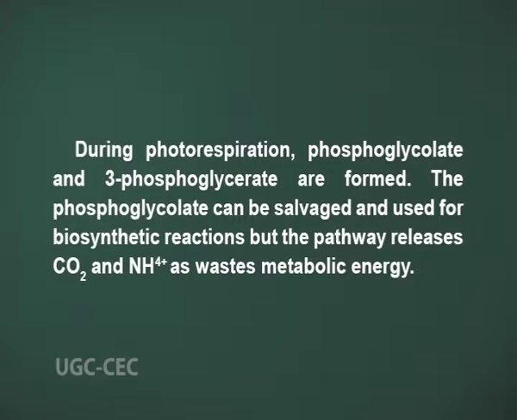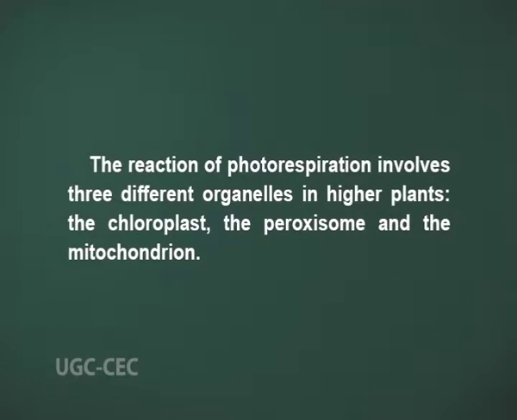During photorespiration, phosphoglycolate and 3-phosphoglycerate are formed. The phosphoglycolate can be salvaged and used for biosynthetic reactions, but the pathway releases carbon dioxide and ammonium ion as wastes of metabolic energy. The reactions of photorespiration involve 3 different organelles in higher plants, that is, the chloroplast, the peroxisome, and the mitochondrion.